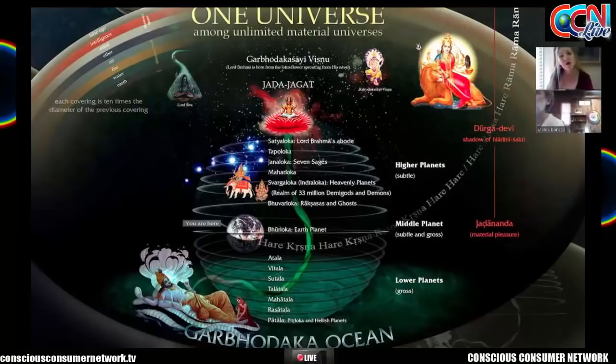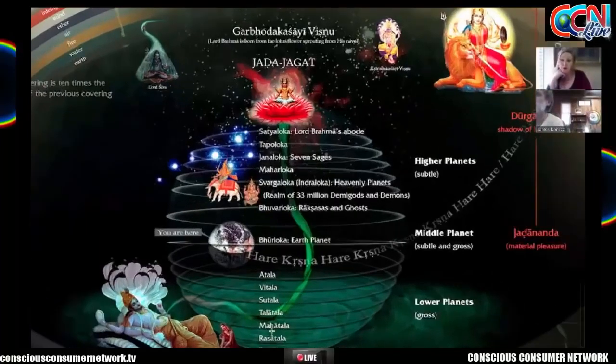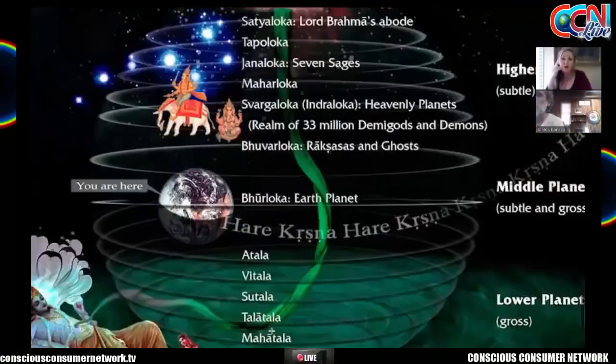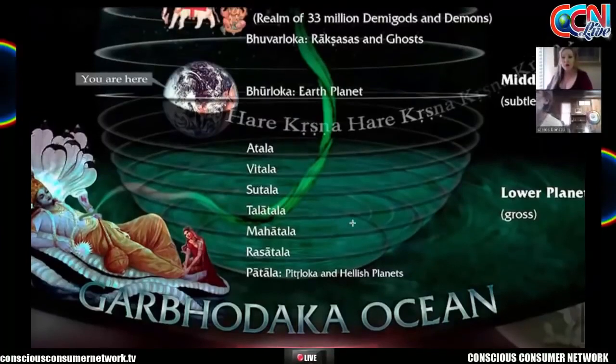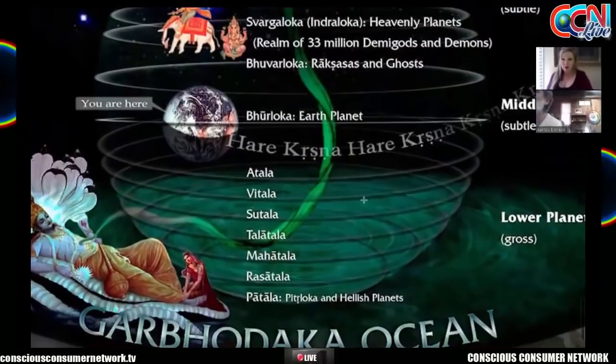And then underneath this plane there are 7 lower planets. The lowest planet here is Patala, and these are the hellish planets. The amount of pleasure in these realms is very, very limited.